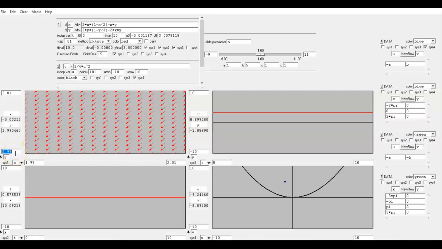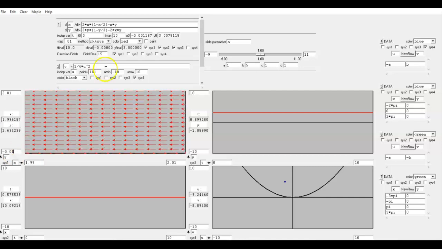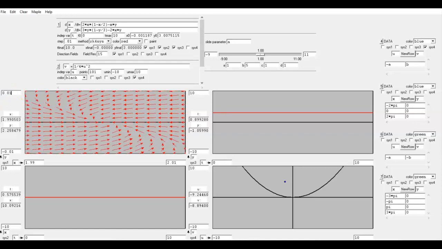And we want y to be at 0, so let's go from negative 0.01 up to 0.01 and see what happens. And boy, oh boy, it looks like this also seems to act like a sink.